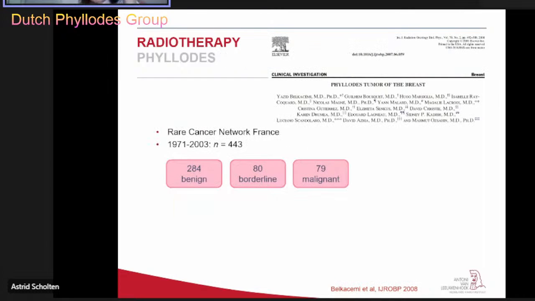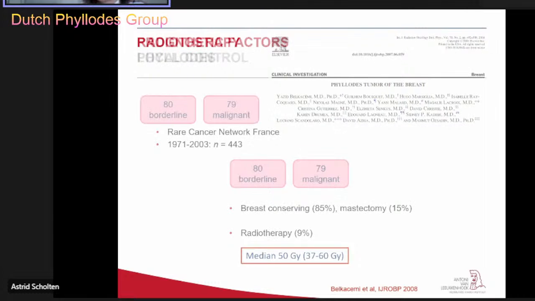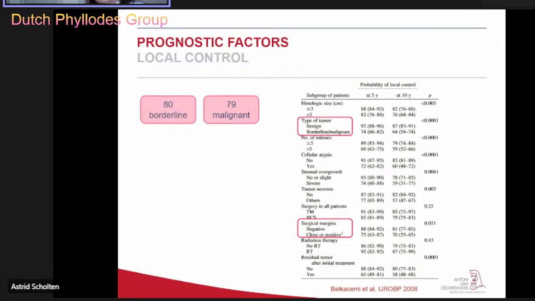The Rare Cancer Network in France investigated the outcome of approximately 160 borderline and malignant Phyllodes tumors, mostly treated by breast-conserving therapy and hardly any radiotherapy. Only 9% of patients received radiotherapy. Prognostic factors that they found for local control, as mentioned before, were benign versus borderline or malignant tumors, the margin status, but also whether or not radiotherapy had been given.